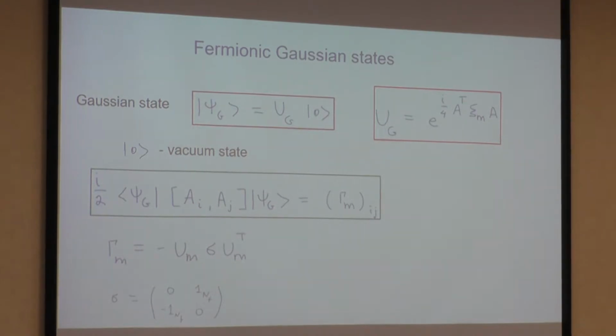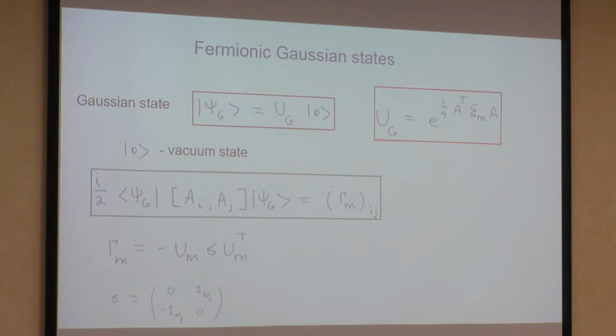Okay, the way we define the Gaussian state is we take a vacuum and then apply a Gaussian transformation. In this Gaussian state, if we want to calculate the expectation value of Majorana fermions, we get this covariance matrix, and the covariance matrix is again quadratic in that Bogoliubov rotation matrix. Again, I remind you that we cannot talk about expectation values of the A operator itself, since A operators are linear in creation and annihilation operators.